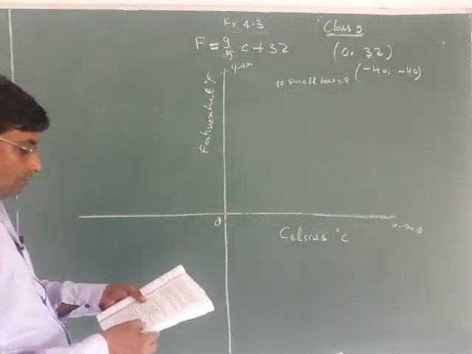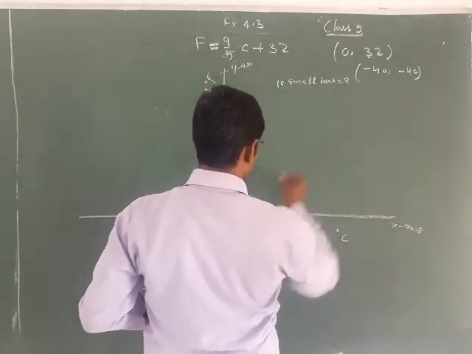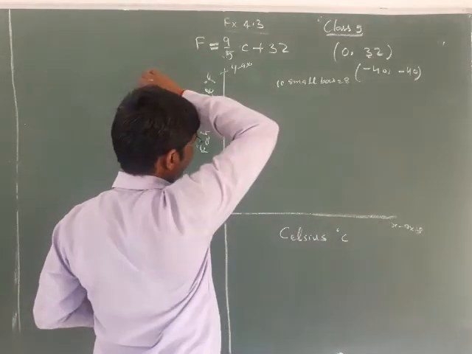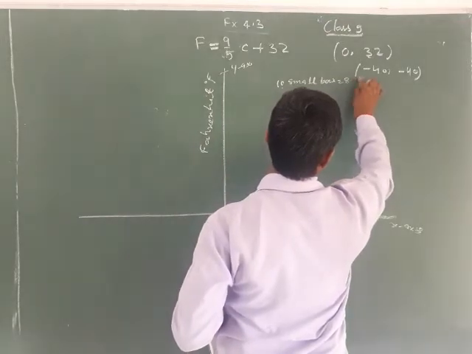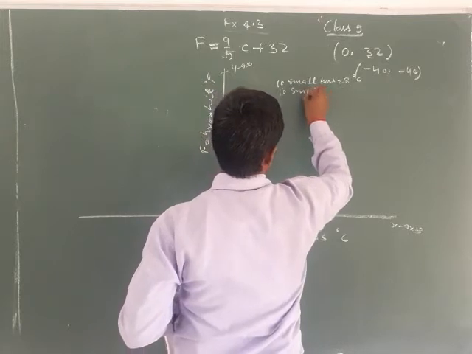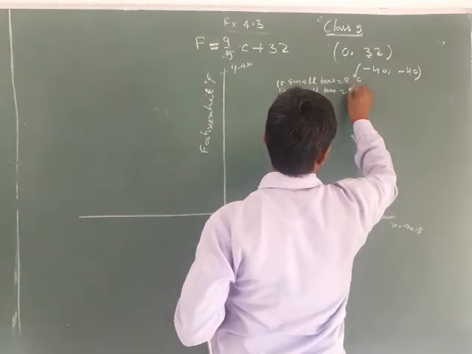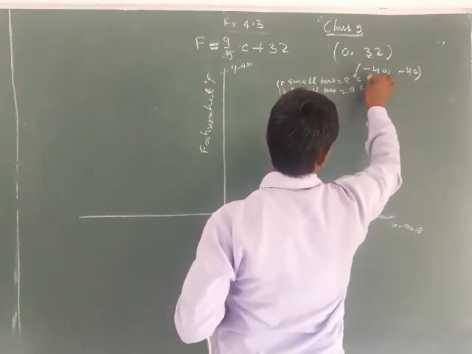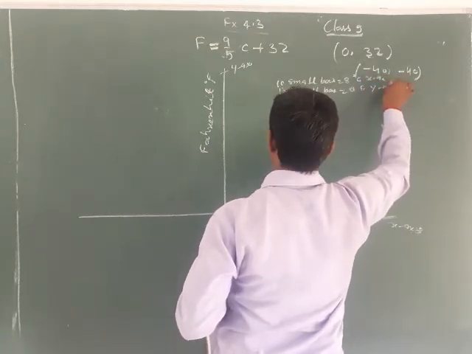So now 10 small boxes are equal to 8 degrees Celsius on the x-axis, and 10 small boxes are equal to 8 Fahrenheit on the y-axis.